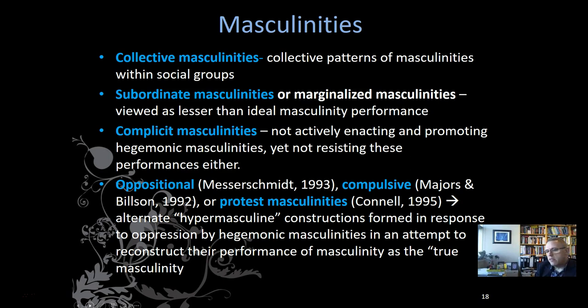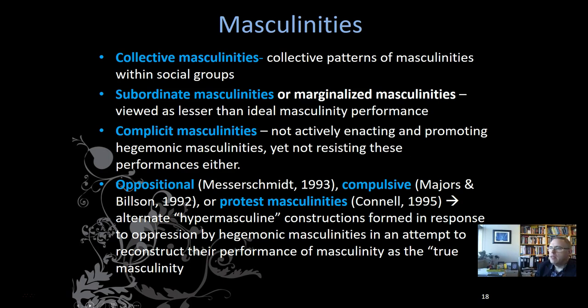Now, complicit masculinities refers to when men don't actively engage in promoting hegemonic masculinities, but they also don't do anything to stop them either. I think that most men don't get up in the morning and say, all right, let's oppress somebody today. And I think that we're often complicit by not speaking up about things.